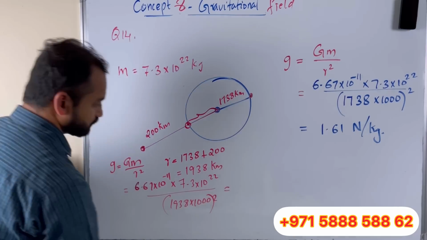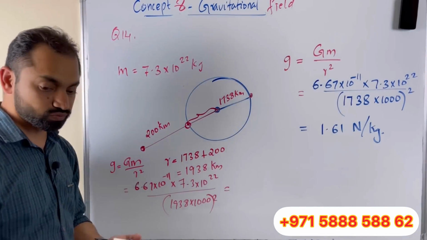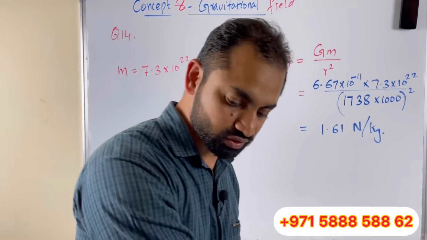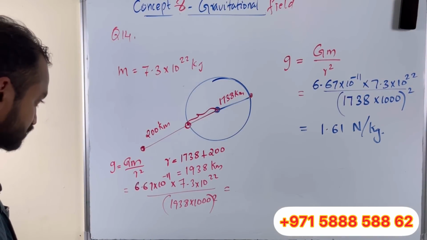So the value of the gravitational field will be less than 1.61, because when distance increases, the strength of the gravitational field decreases.